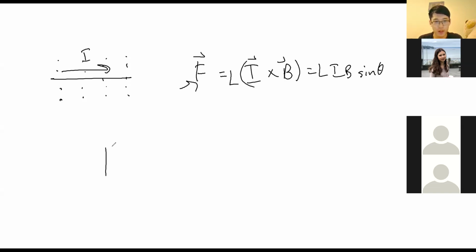There's a practice problem that Emily gave me, which I think is a really good problem. Say you have a current loop like this, with current going around the loop.